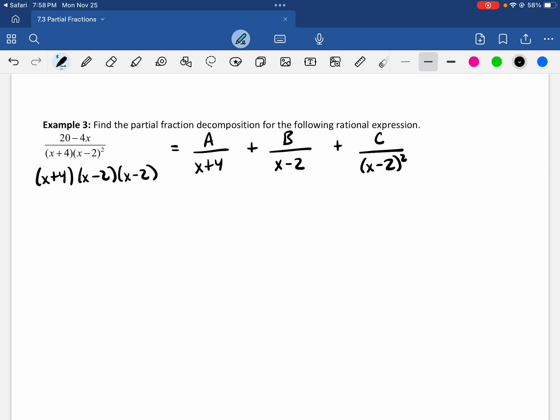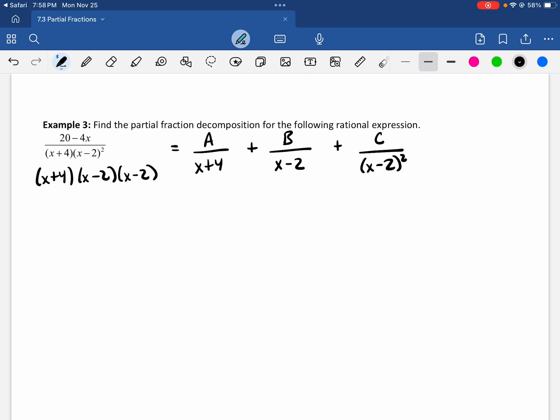So I have to divide it up, and there are three different possibilities. You have the x plus 4, you have just an x minus 2, and then you have an x minus 2 squared.